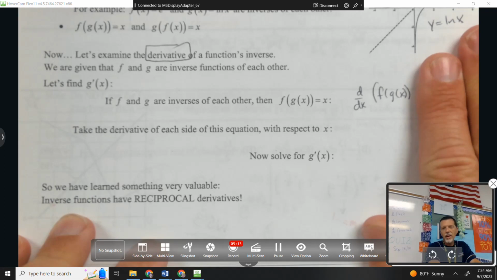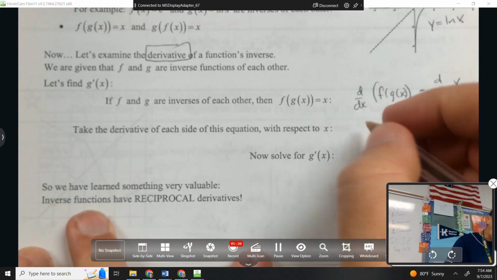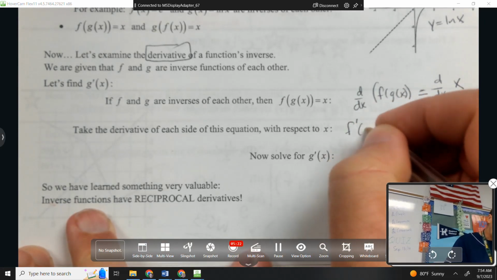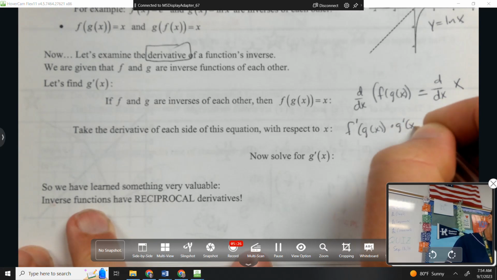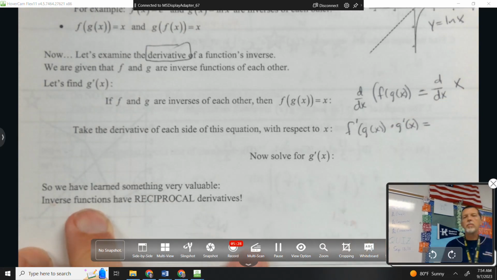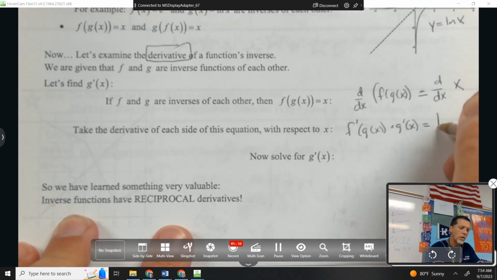If I ask you to find the derivative of f of g of x, what rule is involved there? Chain rule. So outside in, f prime, leave g alone, times g prime, times 1 if you really want to chain rule it all the way down. How about the other side? What's the derivative of x? 1.